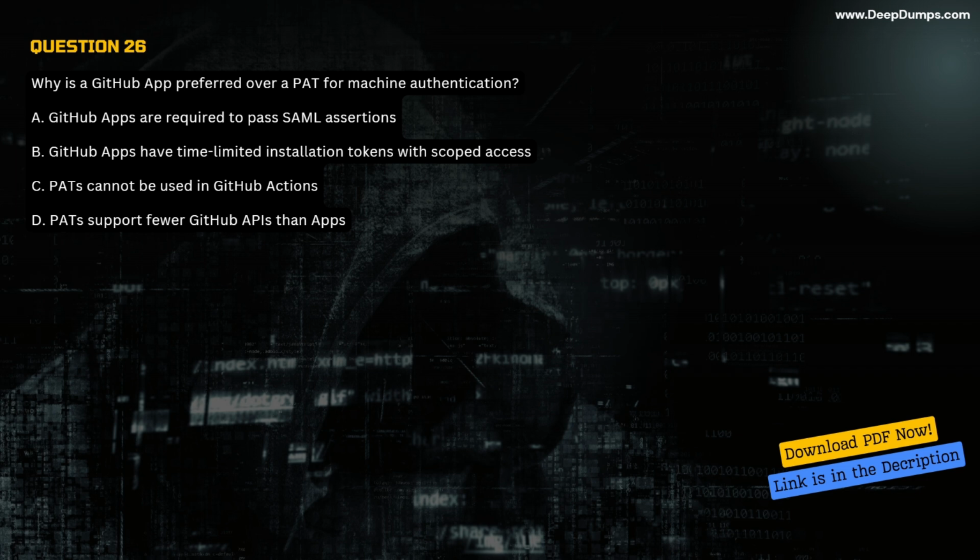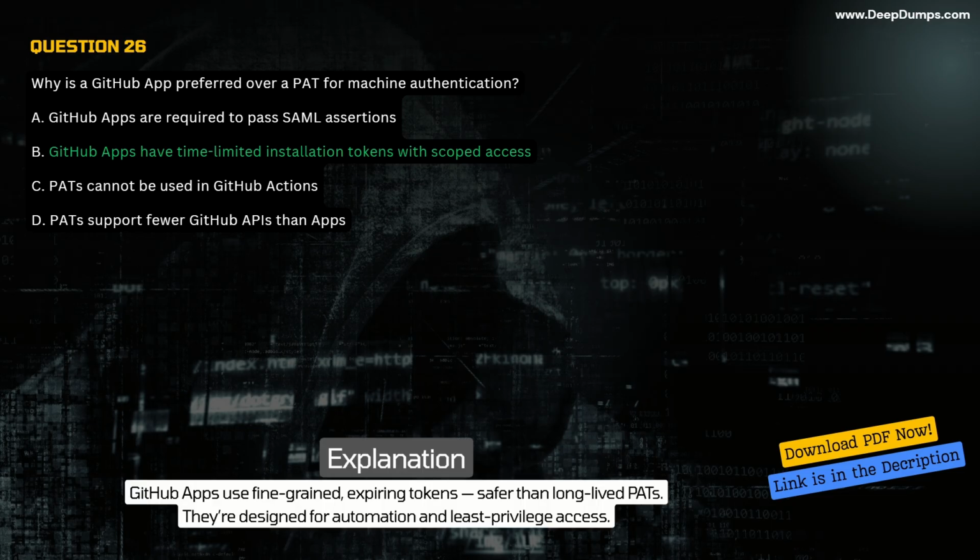D. PATs support fewer GitHub APIs than apps. Correct answer B. GitHub apps have time-limited installation tokens with scoped access. Explanation. GitHub apps use fine-grained, expiring tokens, safer than long-lived PATs. They're designed for automation and least privilege access.